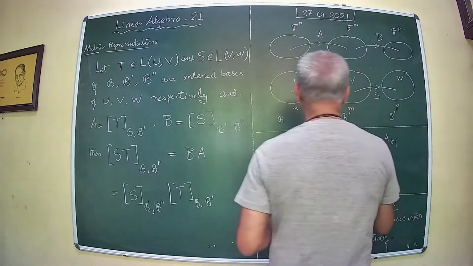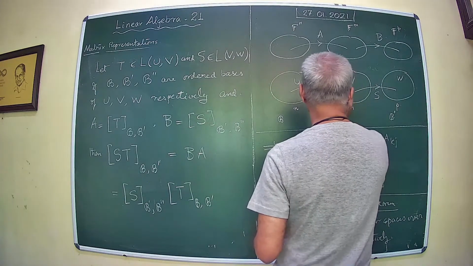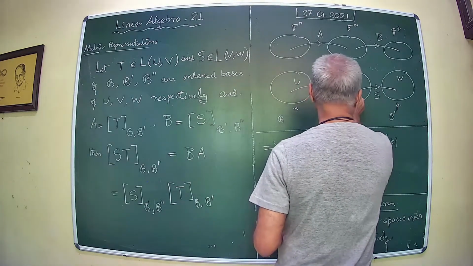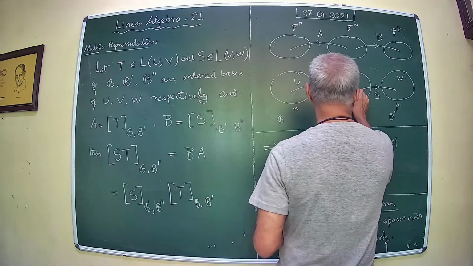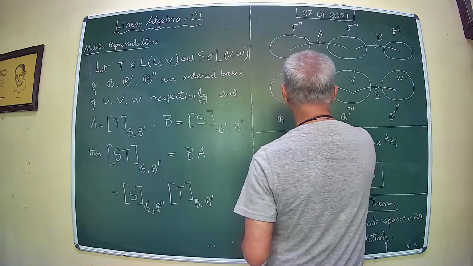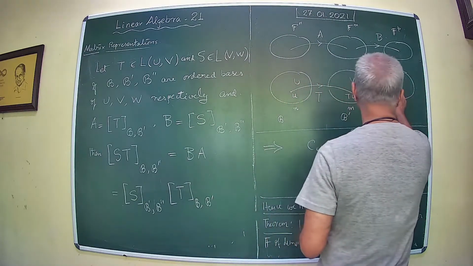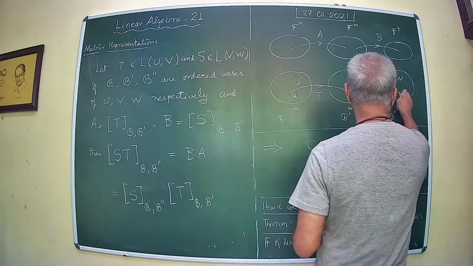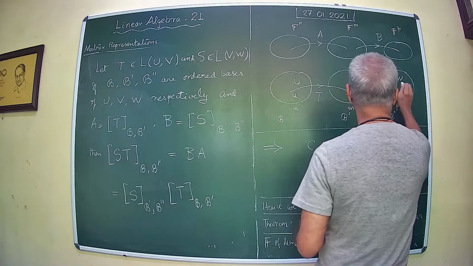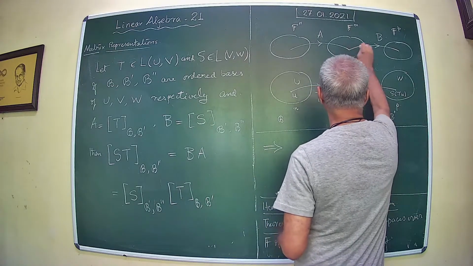And you see that this is U, this is S of T. Now you have got this connection.